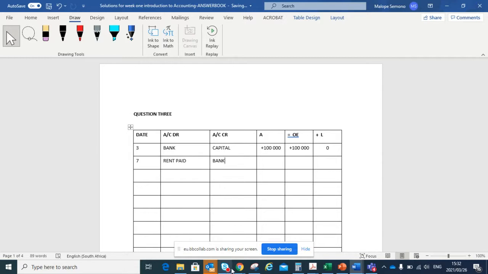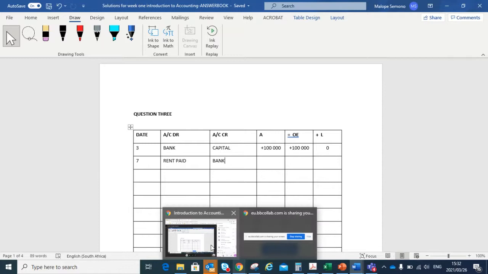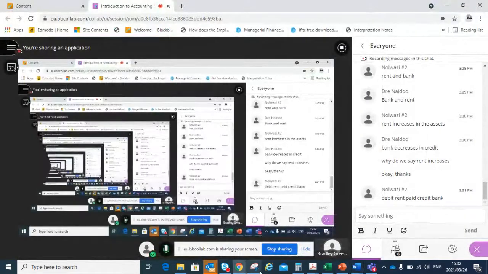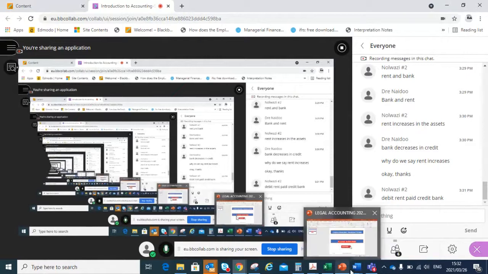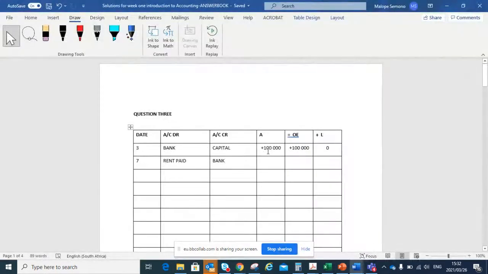Now, my question is, which column will I affect here? If I go back, we have got assets, we have got owner's equity, we have got liability. Am I going to affect all the columns here, or am I going to affect 2 of them?